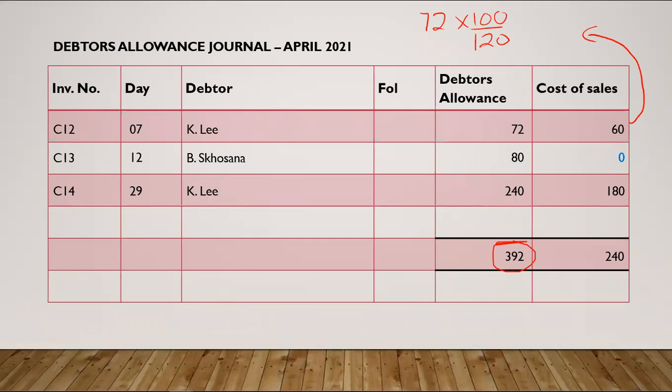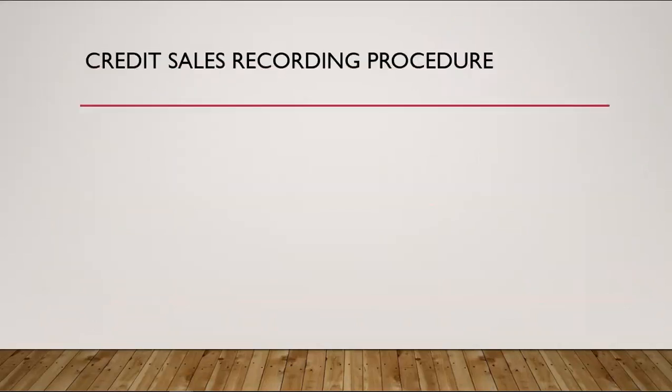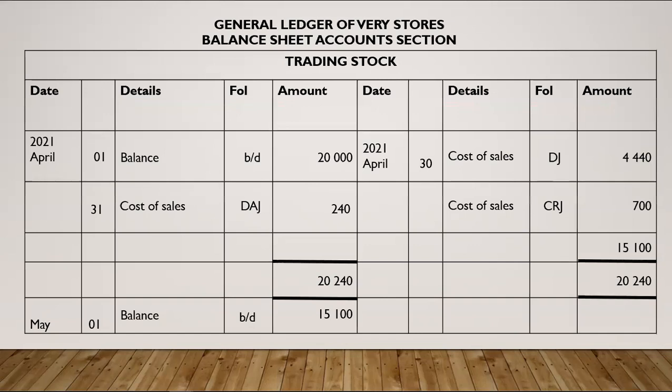And obviously the balancing figure represents trading stock that we still have, that we haven't yet sold. And trading stock that we have not yet sold will be 15,100, and that will be balance carried down.